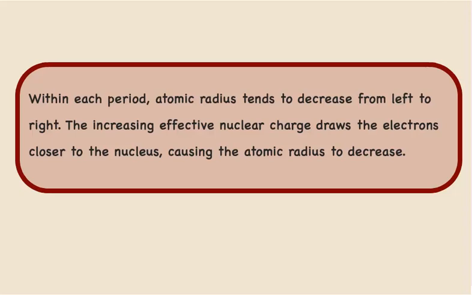If we think about all the elements in the same period, they have the same number of energy levels, but their proton numbers increase from left to right across a period. It means that their effective nuclear charge also increases, their nucleus pulls the electrons more strongly, and atomic radius gets smaller and smaller across a period.